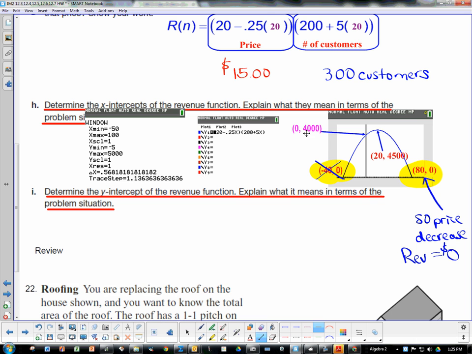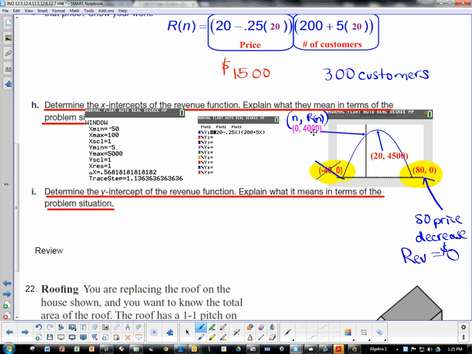So what does this 0 mean? Remember, this is n, comma, r of n. So the 0 means n, that's the number of price decreases, and r of n means revenue. So if you keep the price as is, no price reductions at all, then you're going to have a revenue of $4,000.